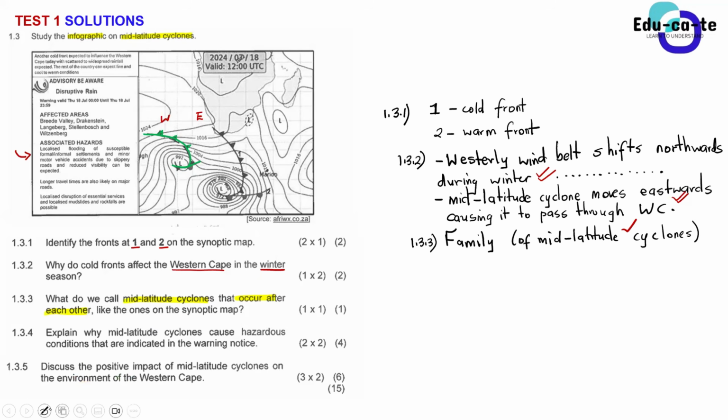What's the difference between a family of mid-latitude cyclones and a succession? It is the same thing, but succession is more of an adverb. It explains what is happening here: succession simply means following each other.